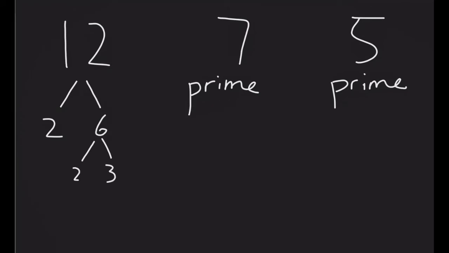Alright. So in this case, there are no repeating prime factors. So let's just go straight to multiplying them. So 2 times 2 times 3 times 7 times 5. And that comes to a result of 420.